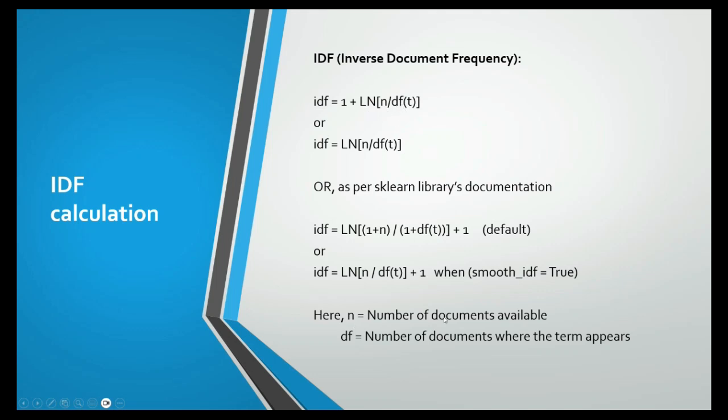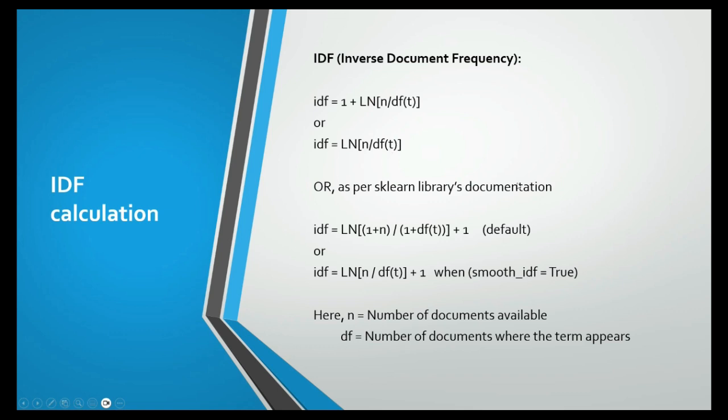Here n is the number of documents available and df means number of documents where the term appears. We will work on an example after this, so it will be much clearer. In this formula, you can exclude the 1 as well. If you exclude the 1, it becomes just this term, ln n divided by df.